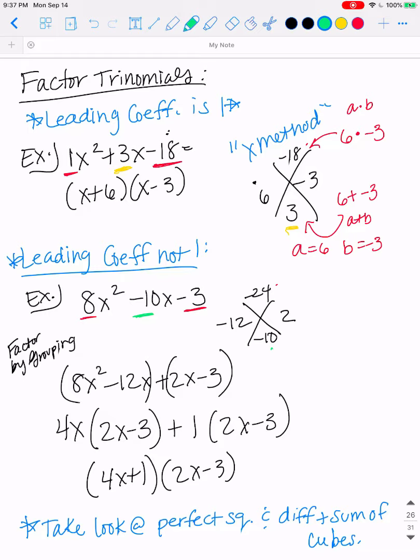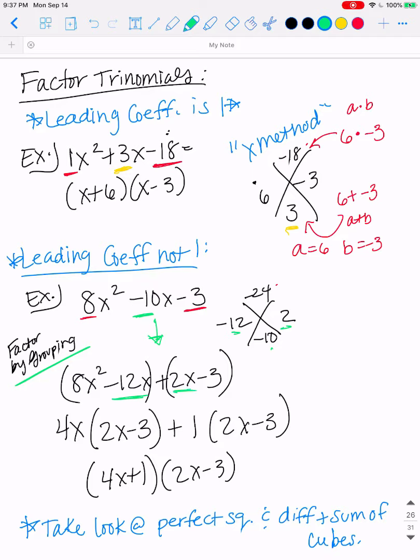Something that's different when the leading coefficient is not 1 is that instead of just placing those numbers from our x method straight back in as our factored polynomial, we're instead going to factor by grouping. So we're just going to move these, and that's going to replace our bx term, so that replaces the negative 10x.